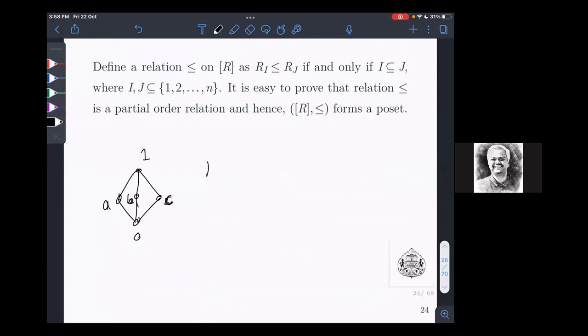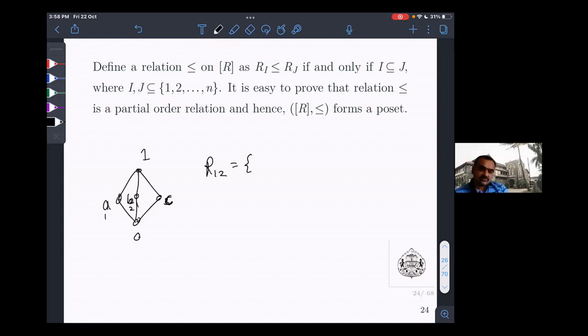When I look at, say, R12, this is for understanding purpose, I'm writing R12, right? So what are the elements? 1, 2. 0 is there, but that element should not be in M3.